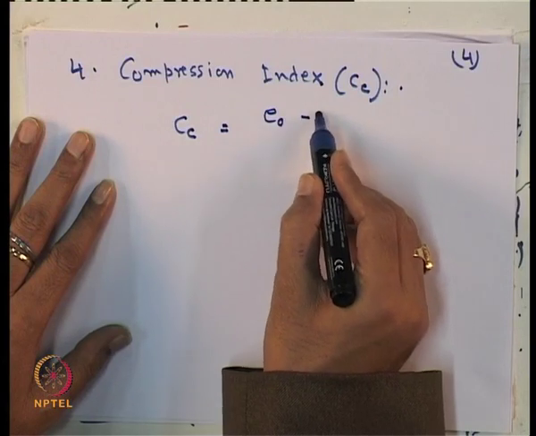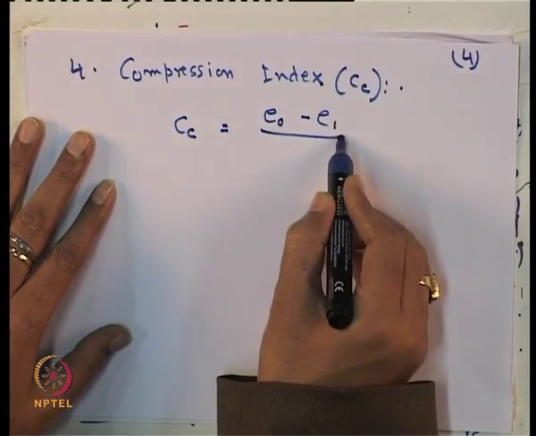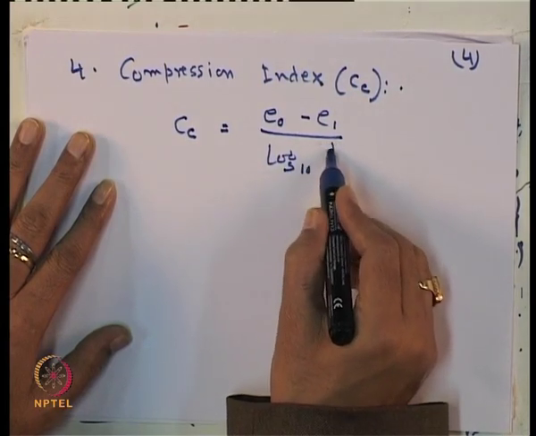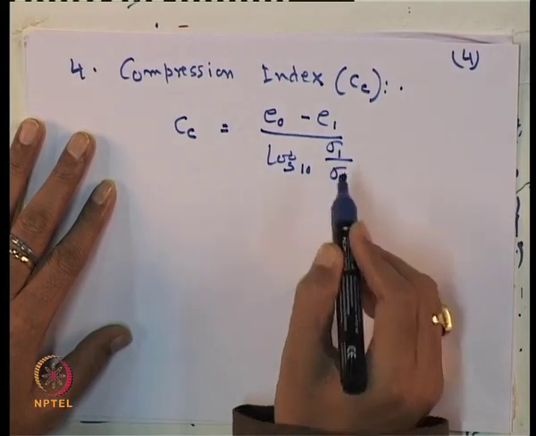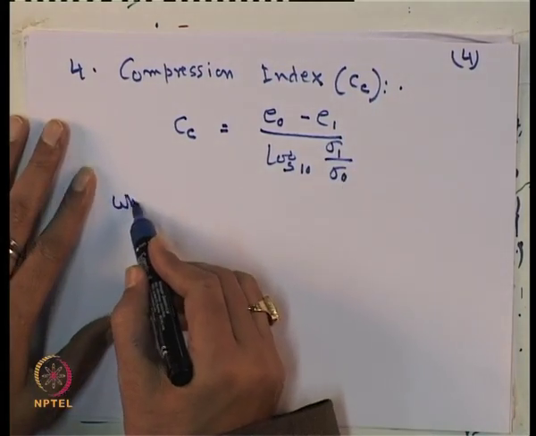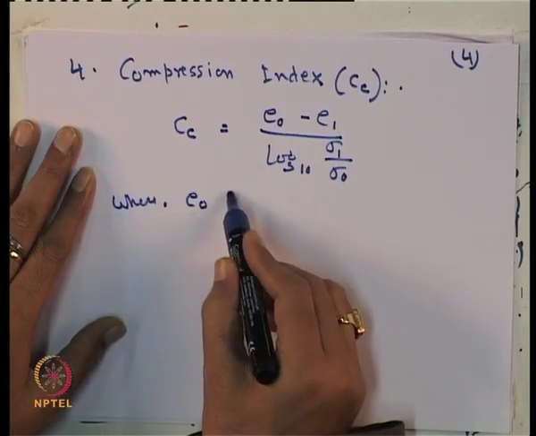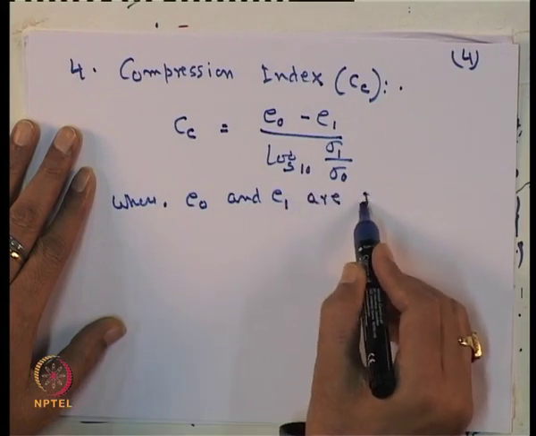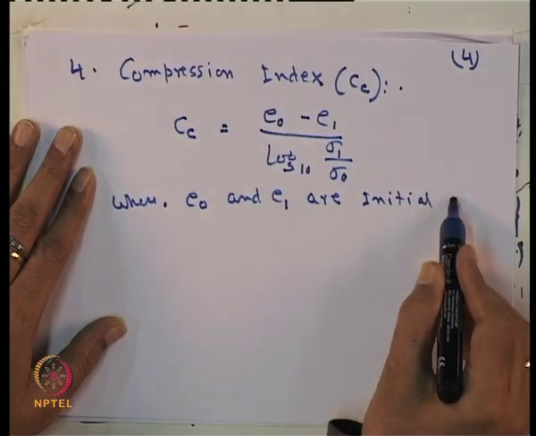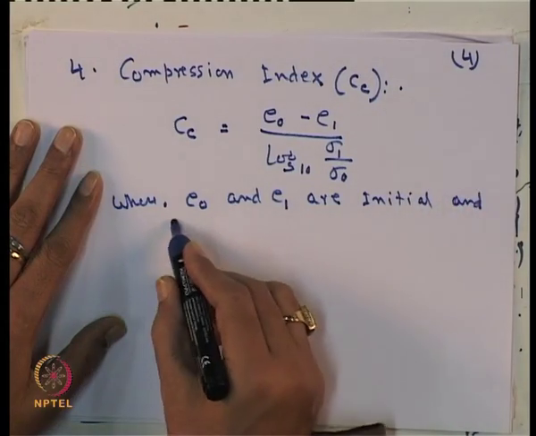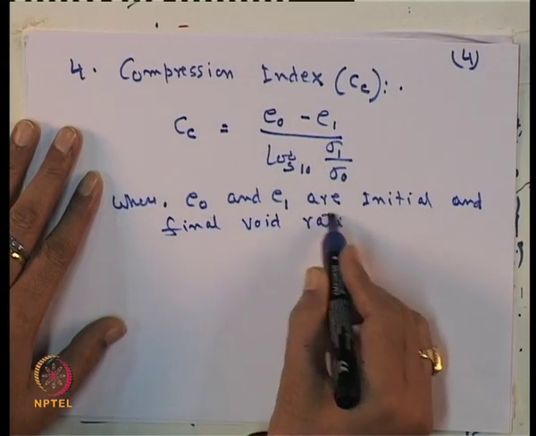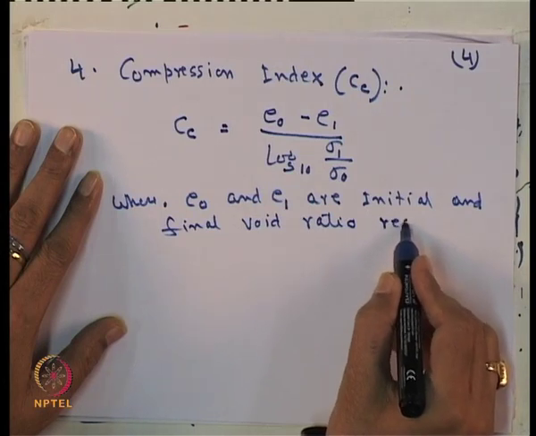So, this Cc can be expressed as (e0 minus e1) divided by log of (sigma 1 divided by sigma 0), where e0 and e1 are the initial and final void ratio, respectively.